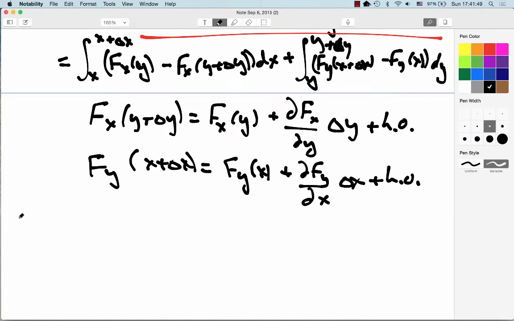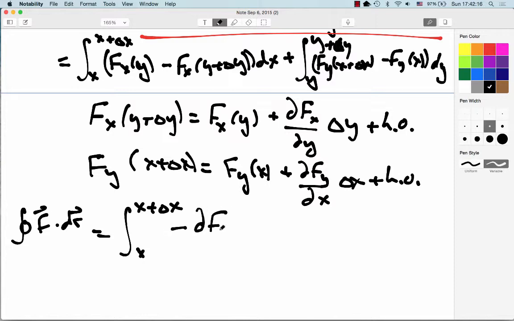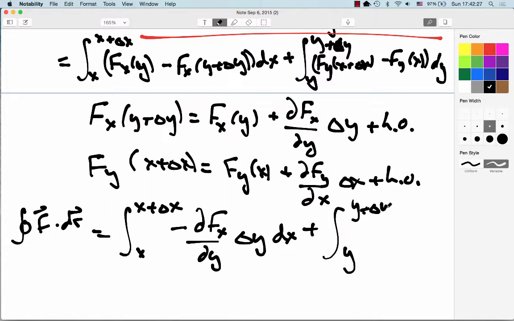So now what that means is for my integral f dot dr about my small box, this will become an integral from x to x plus delta x. Well, now when I substitute this in, I'm going to get some fx's at y that cancel, and I'm just left with this partial derivative here. So I'll have a minus partial fx partial y delta y dx plus integral y to y plus delta y.